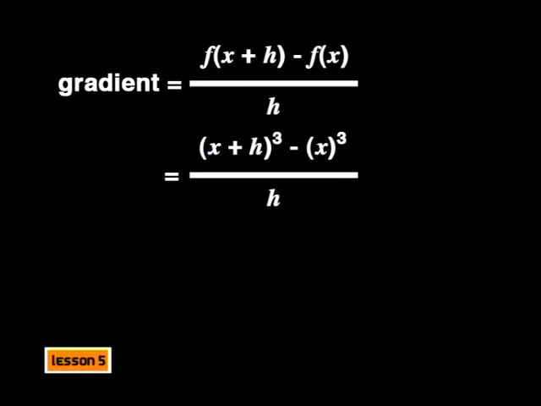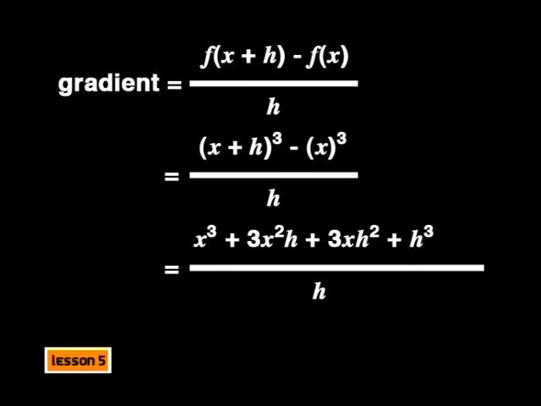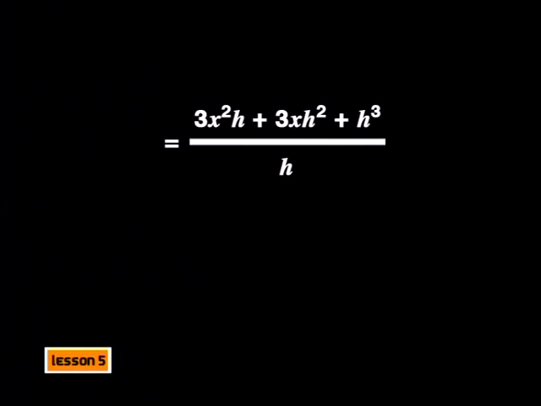When I expand the bracket, I get x cubed plus 3x squared h plus 3x h squared plus h cubed. I must still subtract x cubed, all of that over h. Now I can simplify the top line and I get 3x squared h plus 3x h squared plus h cubed over h.